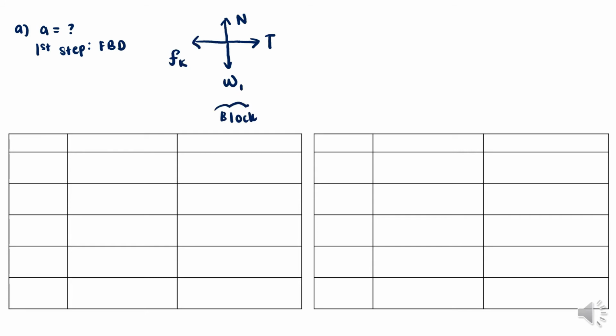First you need to draw the free body diagram because we want to find the acceleration. How to draw the free body diagram has already been shown in the video. For the first object we have weight, friction, tension and normal acting on the block, and for the second object we only have weight and tension acting in opposite directions.